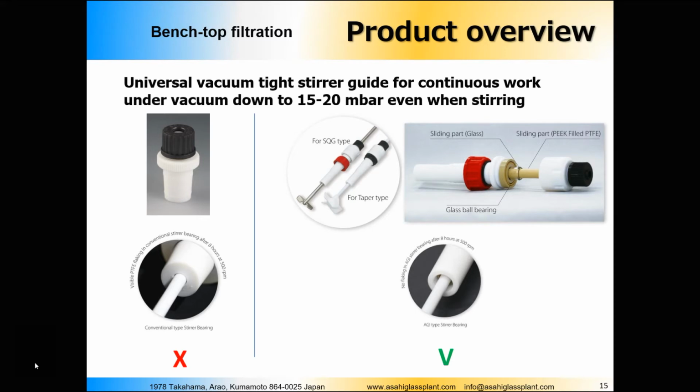So there is some PTFE dust forming below the stereo guide, and this PTFE dust falls, guess where? It falls straight into your reaction mixture or the slurry that you are filtering, and of course you will never be able to get rid of it because that's PTFE. So that's point number one.